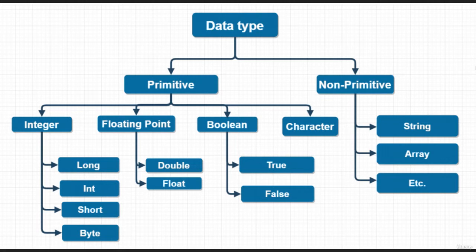The character is used to specify one single character like A, B, C, or D, or whatever you want, and it also accepts special characters, and we will discuss it later in a standalone lesson. So these are the primitives.